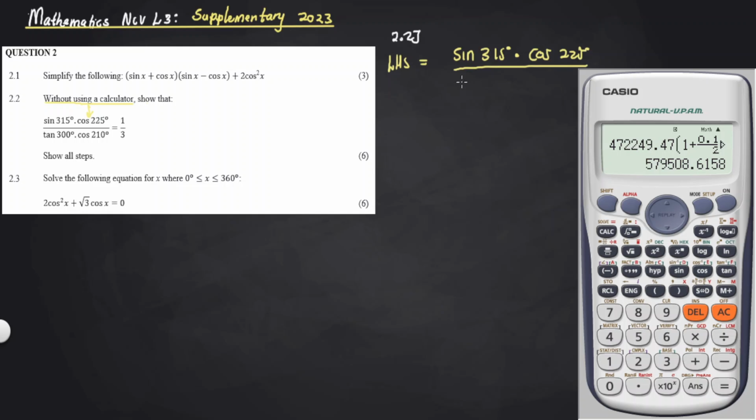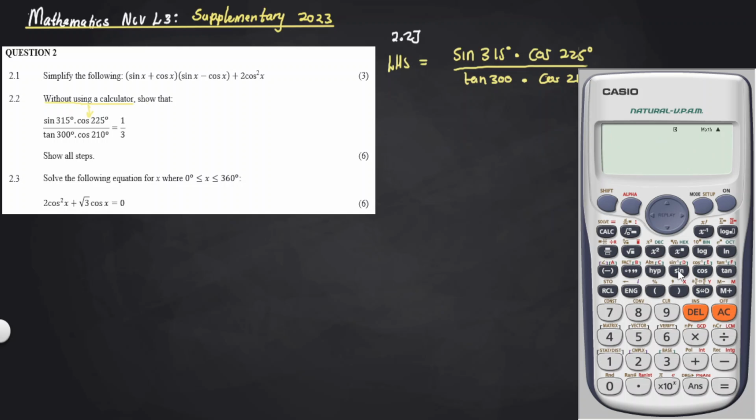Over tan 300 multiplied by cos 210. Alright, this is not visible enough here. Let me erase here and write 225 degrees. Right. Okay, this is how you lose marks. Let me show you.